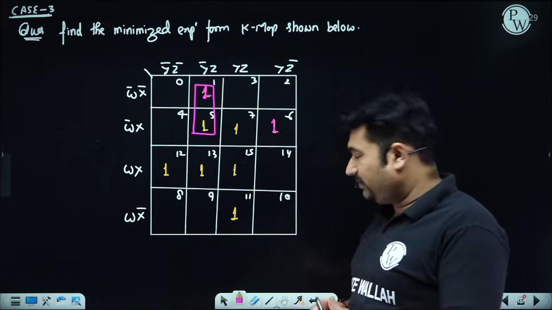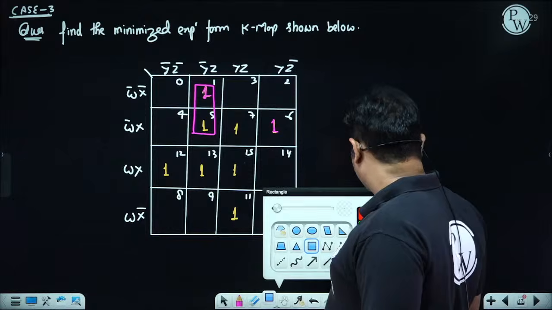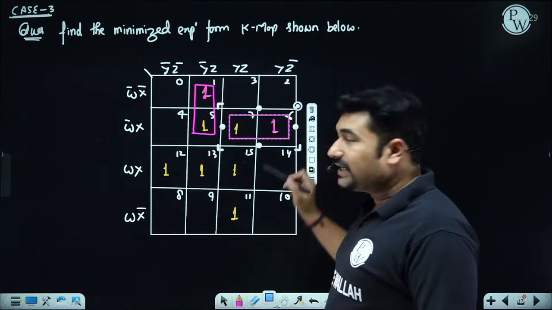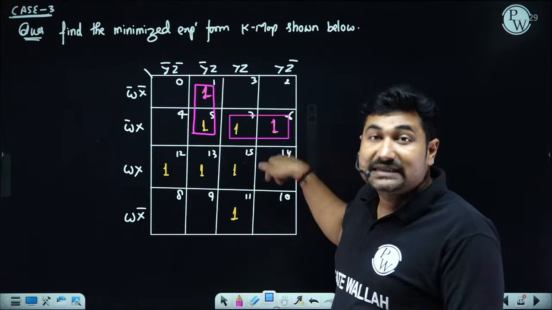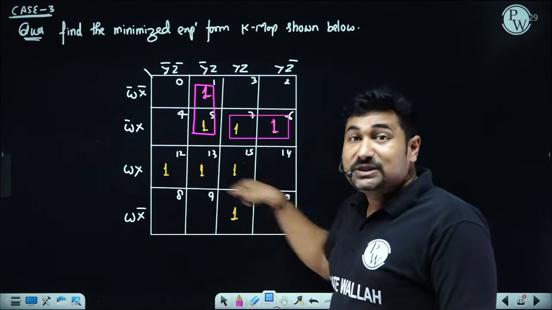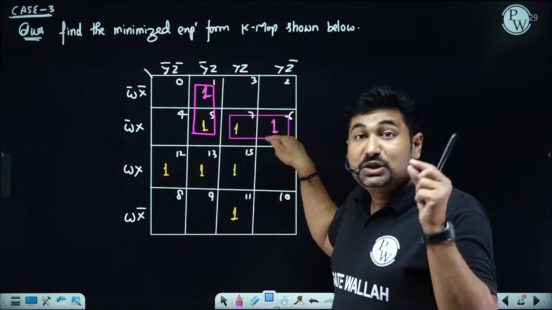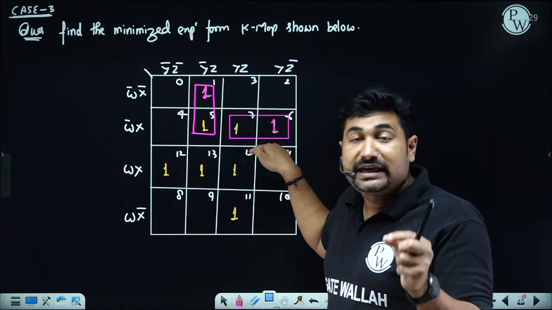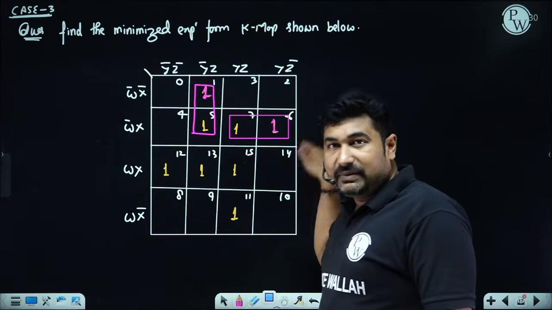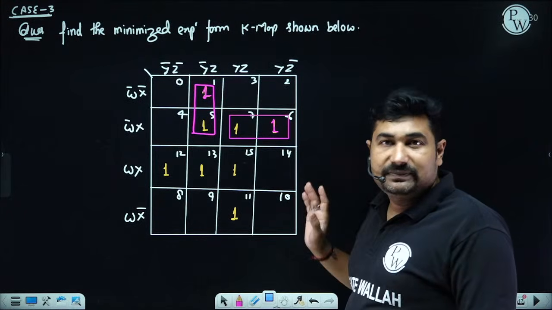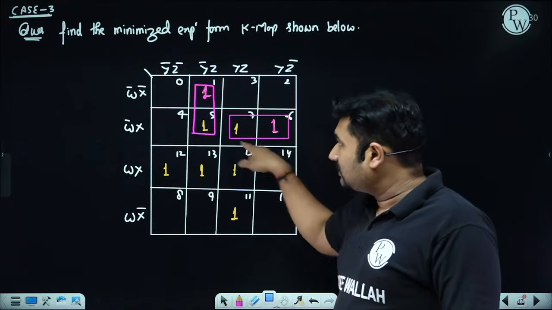There is only one way, and that one way is to form this pair. So this pair is also an EPI, because minterm 6 is part of only this prime implicant. A prime implicant is a product term obtained from the K-map which cannot be further minimized. So it is not part of any other, which means this is also an EPI.